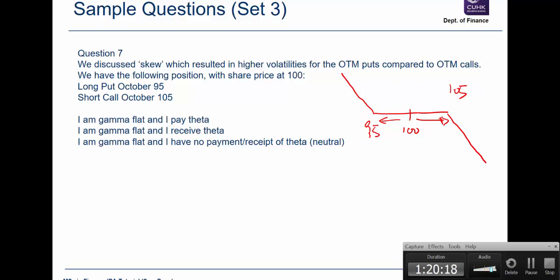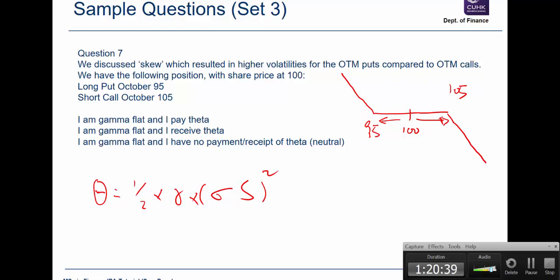The thing is, what happens to your theta? As you know, theta is a half times gamma times sigma S whole squared. So this is like the ex ante gamma revenue.